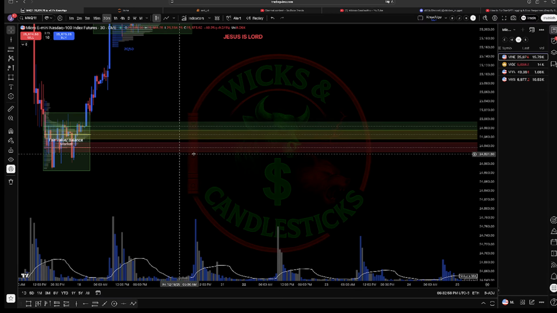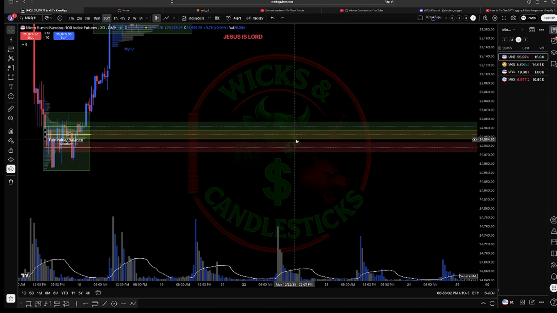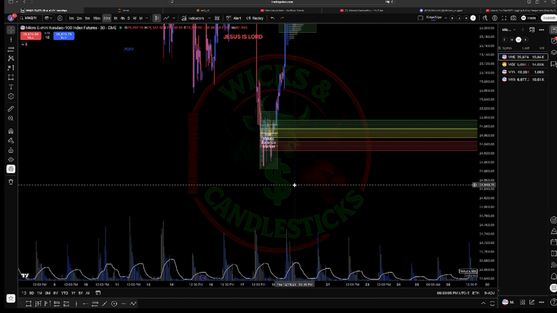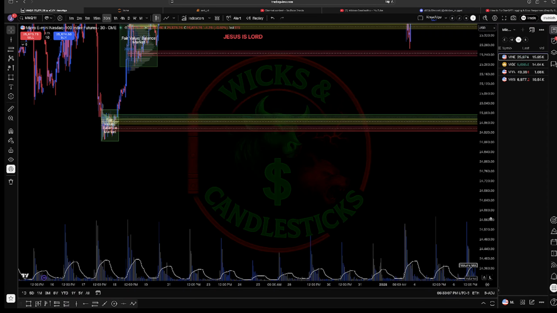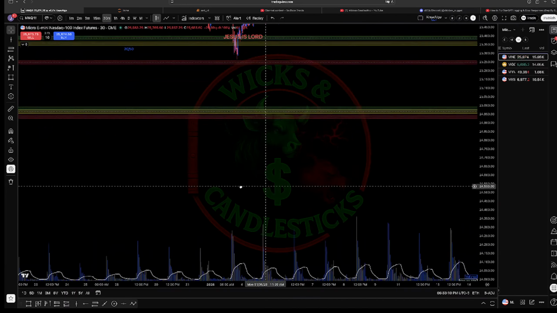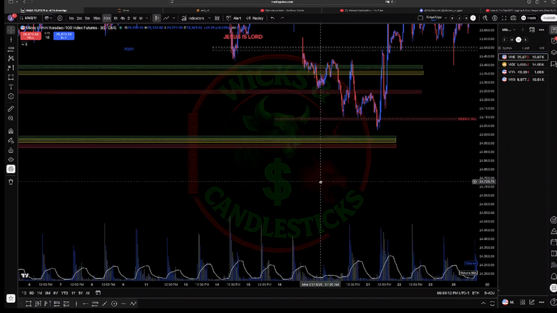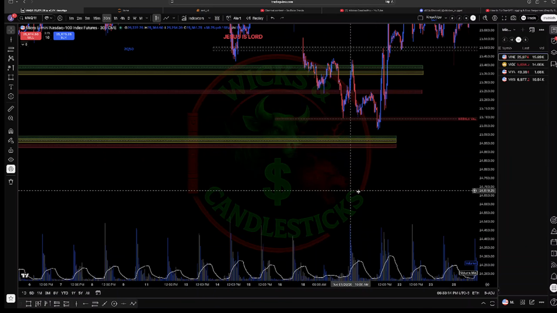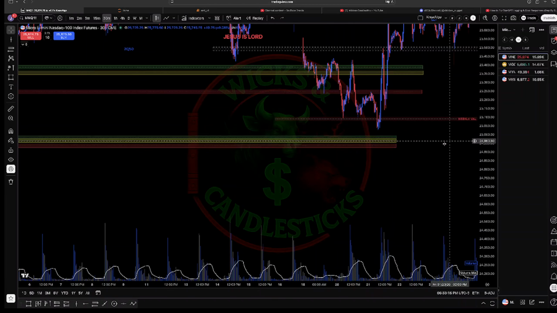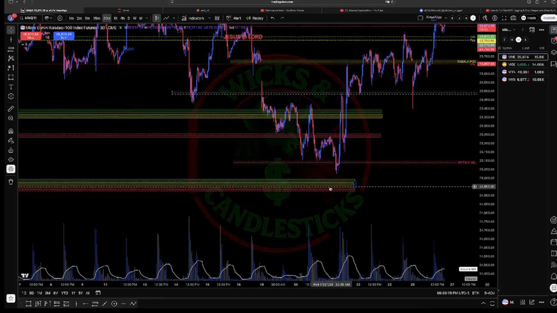I'm going to watch it. I want it to become balanced here. Once it becomes balanced, I know how to trade it, or I can trade it on a first tap. So if you see here, price didn't come down here, it's going to come down here sooner or later.